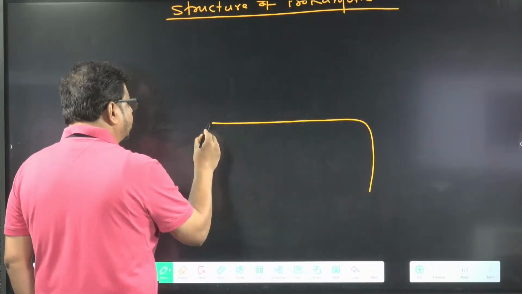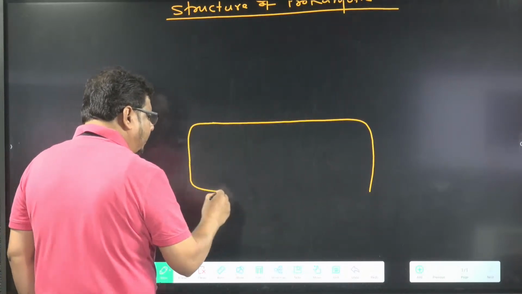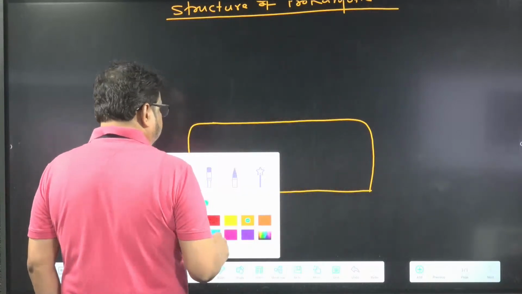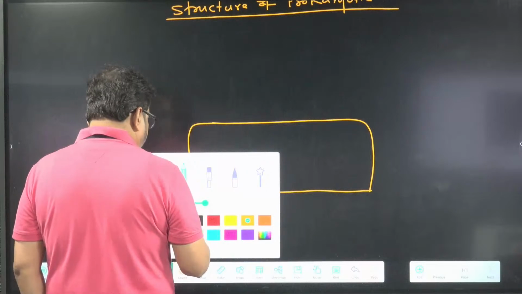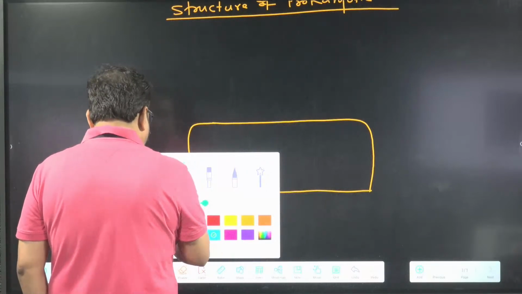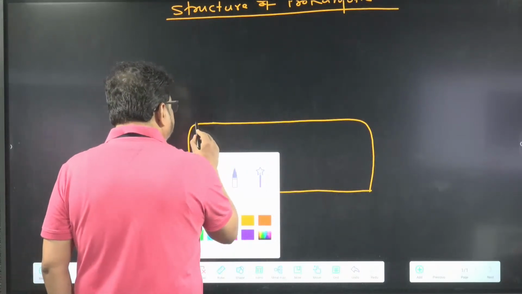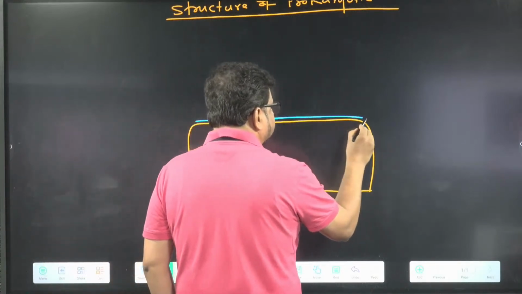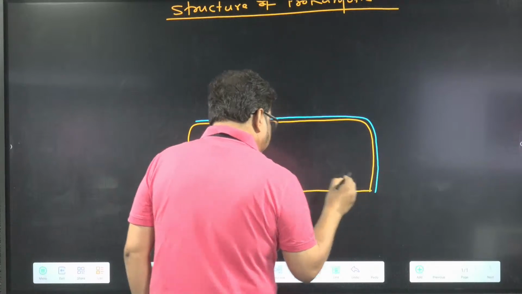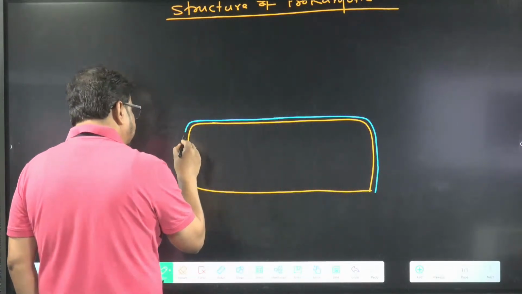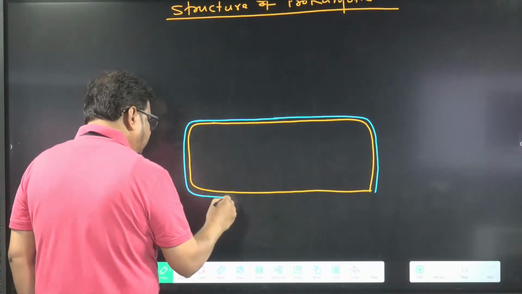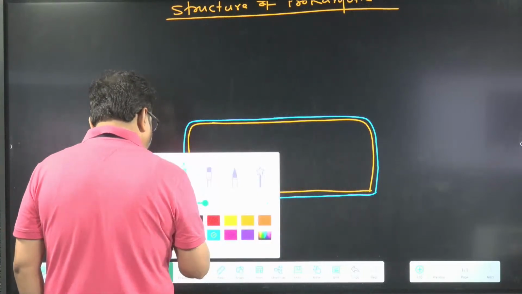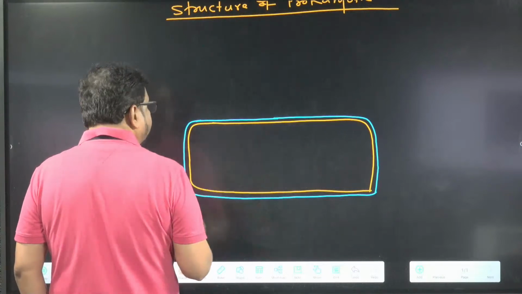If you observe a typical prokaryotic cell, their cell envelope is trilamellar. They have which type of cell envelope? Trilamellar cell envelope. The covering of the cell is made up of 3 layers, and that is the reason I am using the word trilamellar cell envelope.